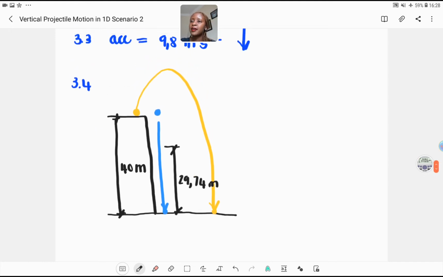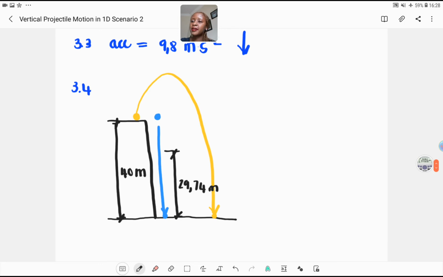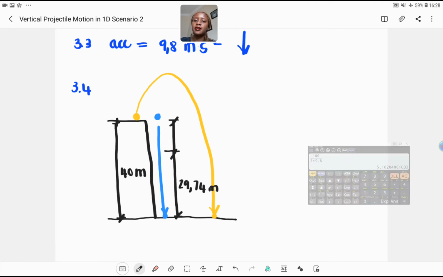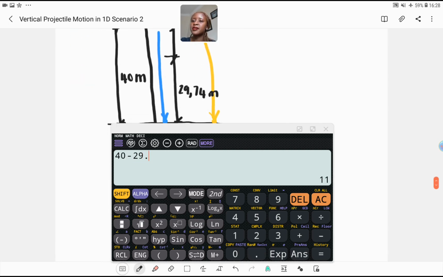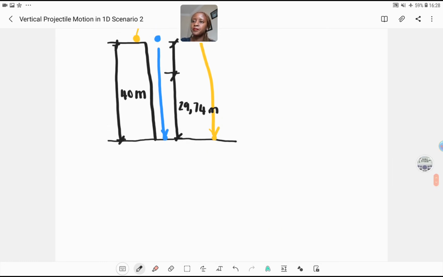What else am I missing? If you wanted to know what that height will be, you just take 40 minus 29.74. That's 10.26.